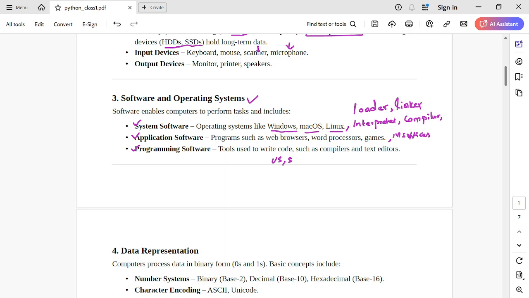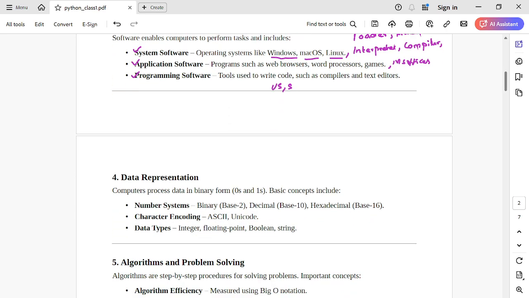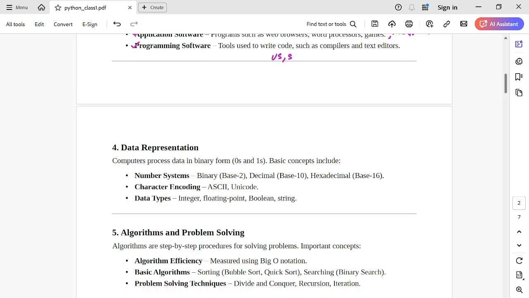So next we will see data representation. So hardware and software is over. Next is data representation. Here we have to represent the data to the computer in any form, right? The computer can understand only ones and zeros. So the first one is number system, where the binary base 2 is represented.